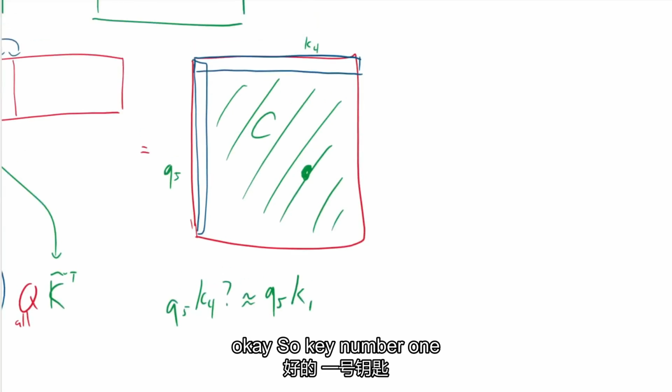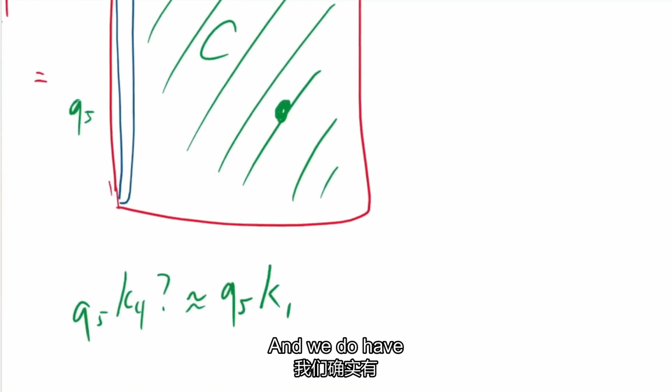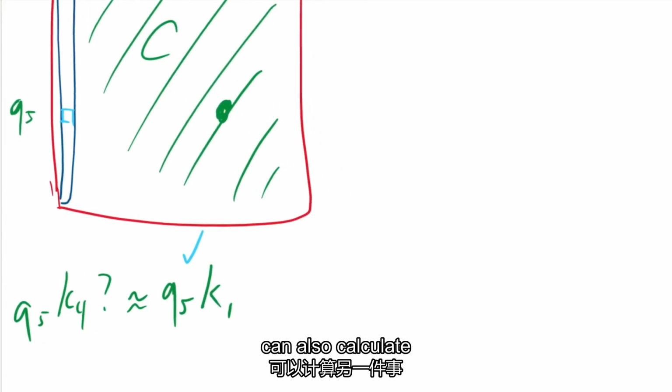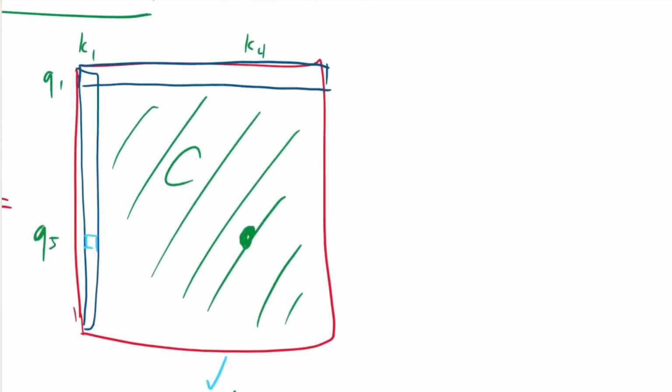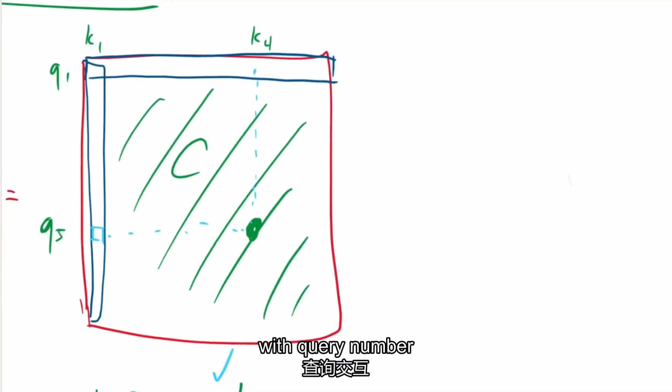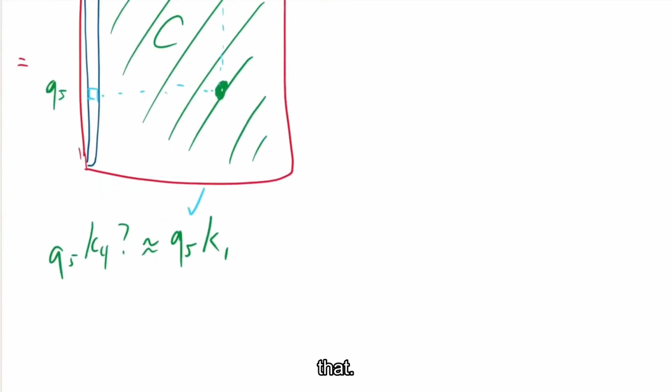Key number 1 and query number 1 are the keys and queries that we actually do have. And we do have the entry for query 5 and key number 1. We can calculate this. And we can also calculate another thing, namely how key number 4 interacts with query number 1. We can also calculate that. So how does query number 1 interact with key number 4?